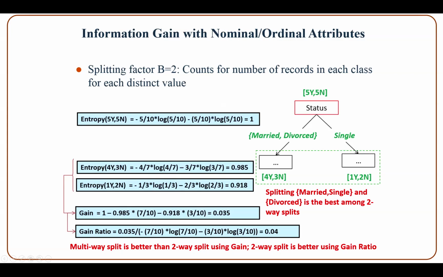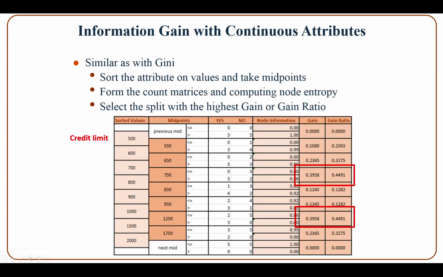And another conclusion is multi-way split is better than two-way split using gain. However, if we use gain ratio, then two-way split is better. Information gain with continuous attributes is similar as with Gini index. Instead of calculating the Gini index, you calculate the entropy, gain, and gain ratio.